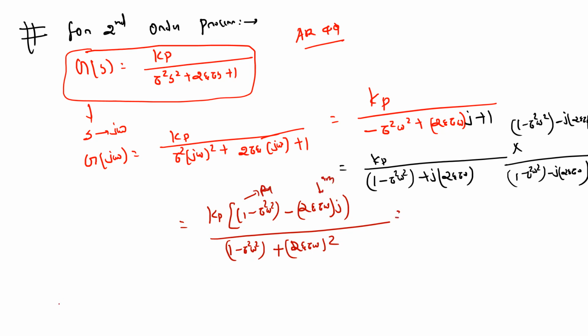So I'll be separating this real and imaginary part to make this particular complex number in terms of a plus jb. So I'll be writing Kp into (1 minus tau square omega square) divided by (1 minus tau square omega square) whole square plus (2 zeta tau omega) whole square.